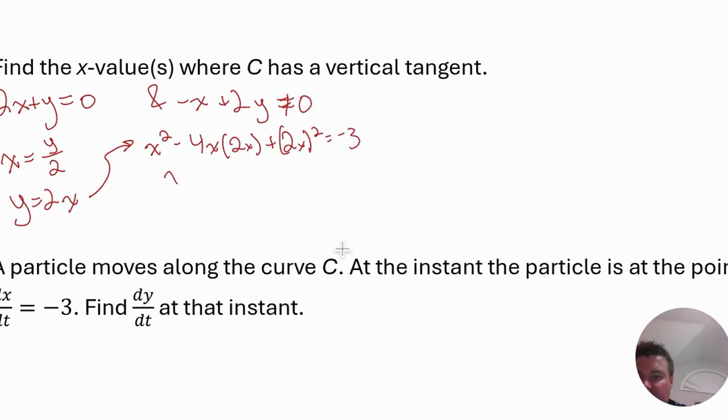I'm going to end up with x squared minus 8x squared plus 4x squared. When I combine all that, what do I end up with here? I'm going to end up with negative 3x squared equals negative 3.